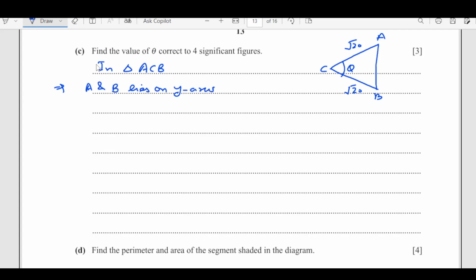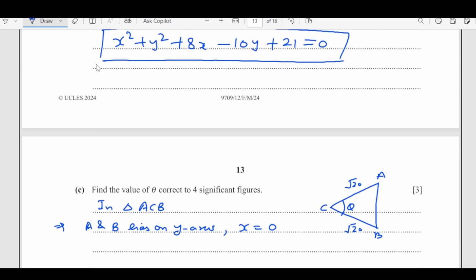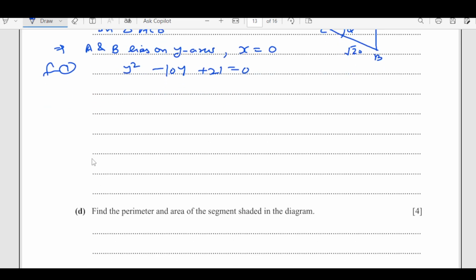So if they are on the y-axis, that means x is equal to 0. So now substitute this x value as 0 in this equation. Let's say this is equation 1. So from 1, we have x is 0, then y squared minus 10y plus 21 equals 0. That's what we got after substituting x as 0.